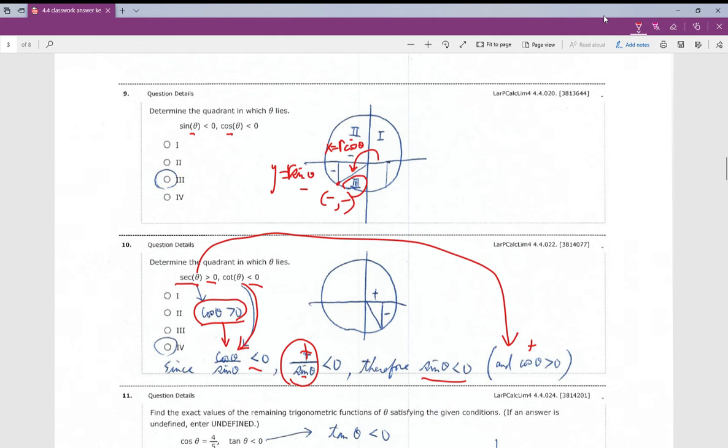So here is cosine, and here is sine. So you have a point. X is positive, horizontal means X, and vertical means Y. So this should be in the fourth quadrant.